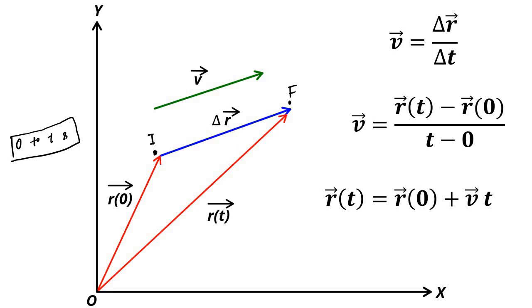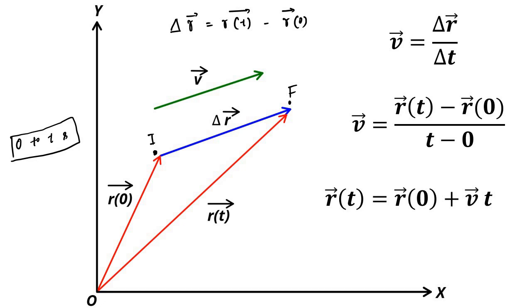So the displacement vector, we have discussed in the previous video also, is always the final position vector minus the initial position vector. Final point minus initial point, that is the displacement vector.